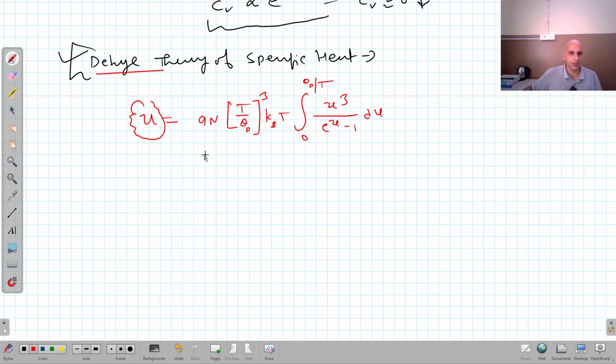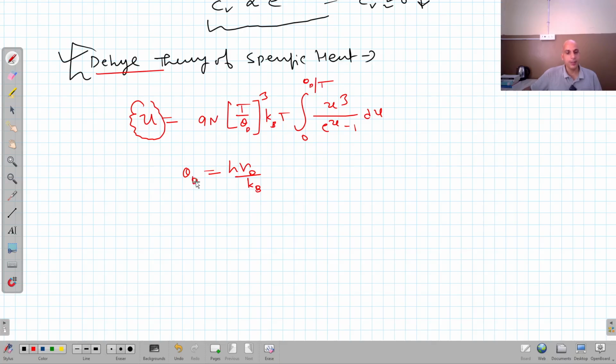In this expression, theta D is equal to h nu D upon kB.